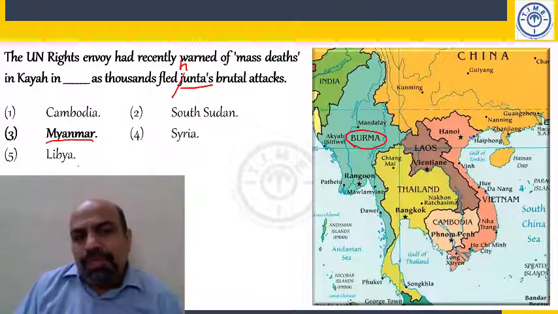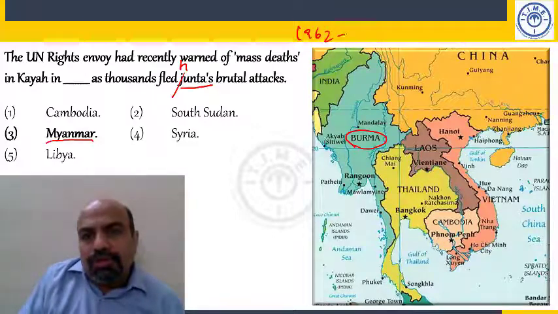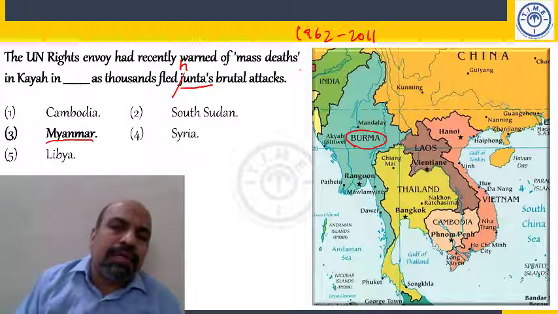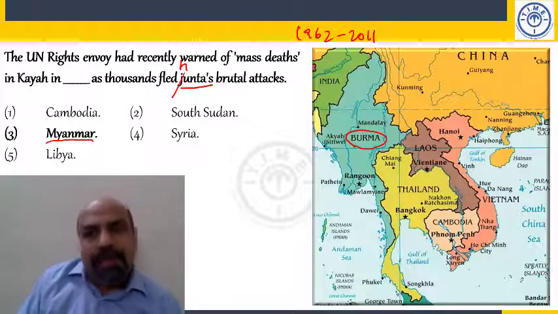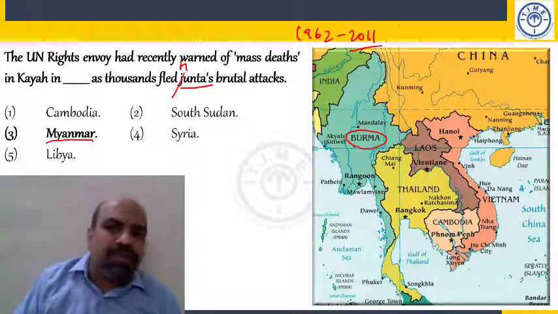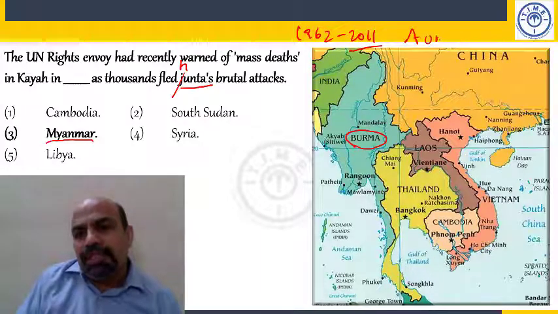So between 1962 and 2011, Burma, and Myanmar, different names now, was ruled by a military junta. In 2011 elections were held, and the government of Aung San Suu Kyi, she did not become the president because she was barred from being the president.